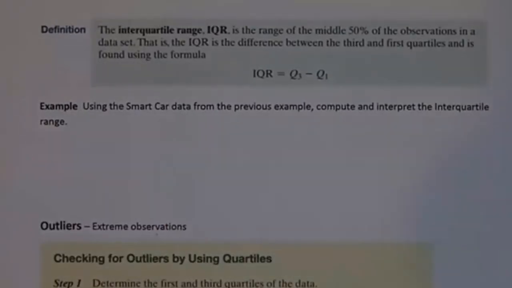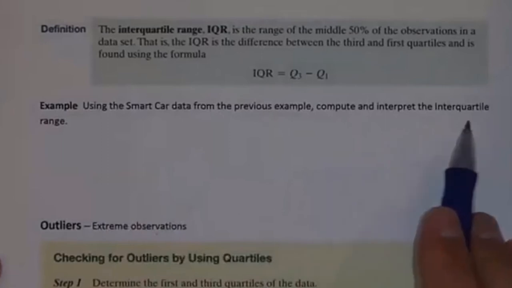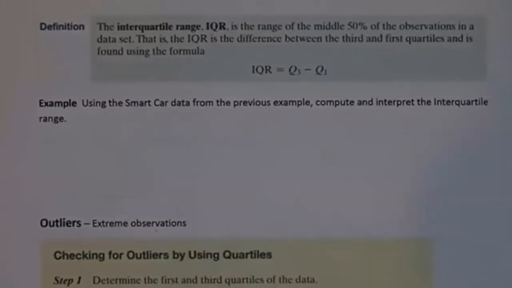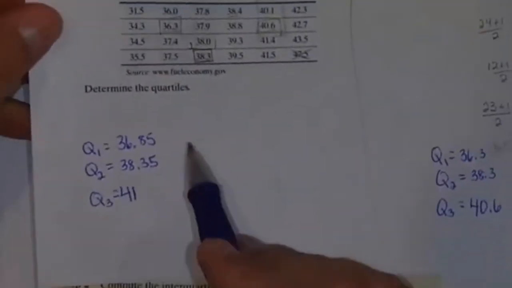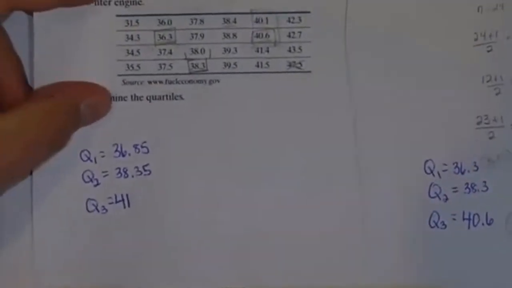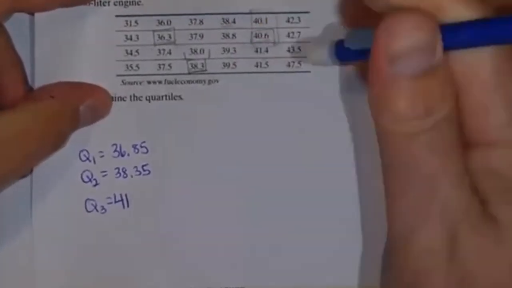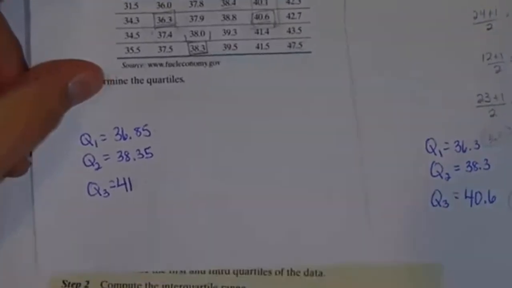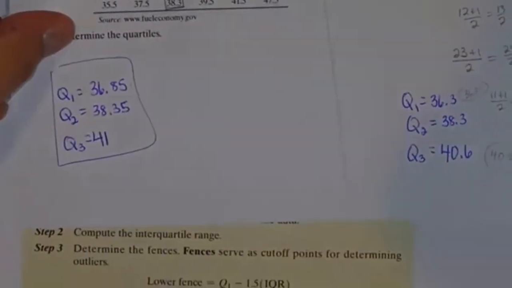So, example: using the smart car data from the previous example, compute and interpret the interquartile range. If I go back to my previous example, I'm using the original data with the 47.5 included. So I'm going to unscratch that. That's included. So these were my quartiles.